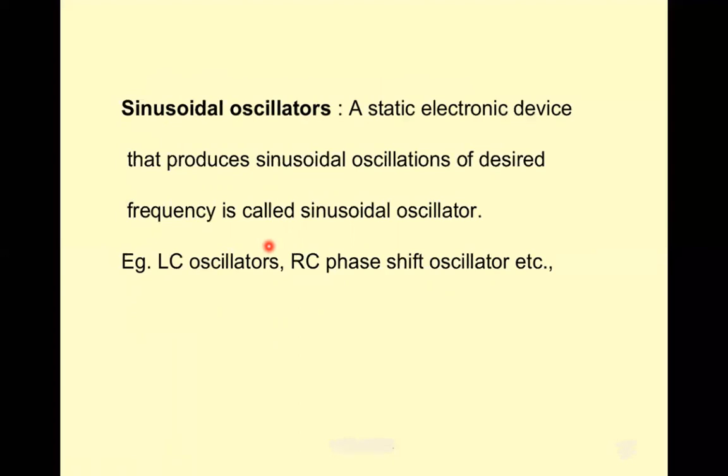Under the RC oscillators, we have RC phase shift oscillators as well as Wien bridge oscillators. And under the LC oscillators, we have tuned oscillators, Hartley oscillators, Colpitts oscillators, and crystal oscillators, because all of them use an LC tank circuit.